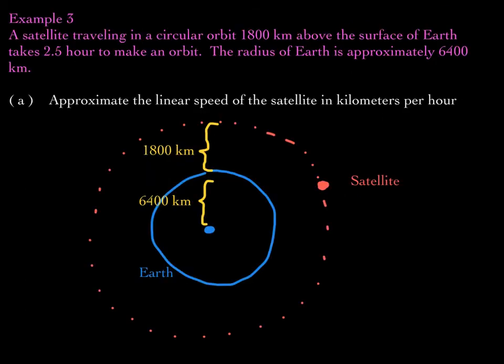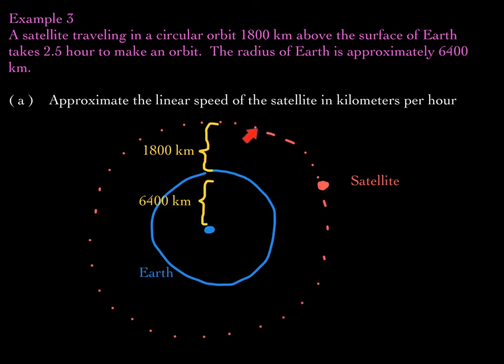All right, let's check out this problem, which is the last one, and it's probably my favorite. A satellite traveling in a circular orbit 1,800 kilometers above the surface of Earth takes 2.5 hours to make one complete rotation, one complete revolution.